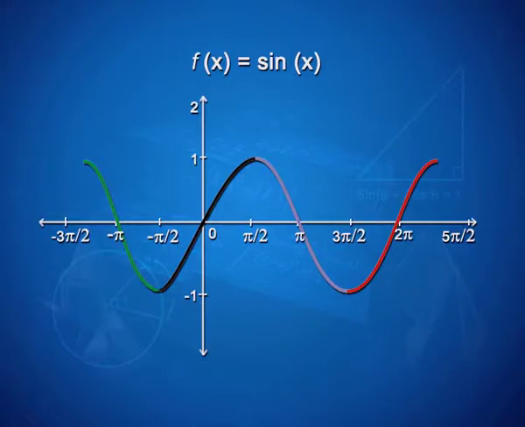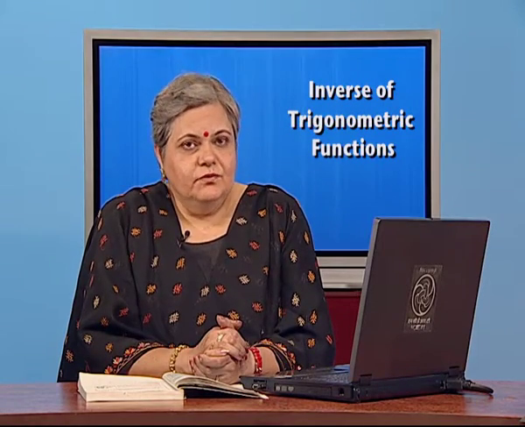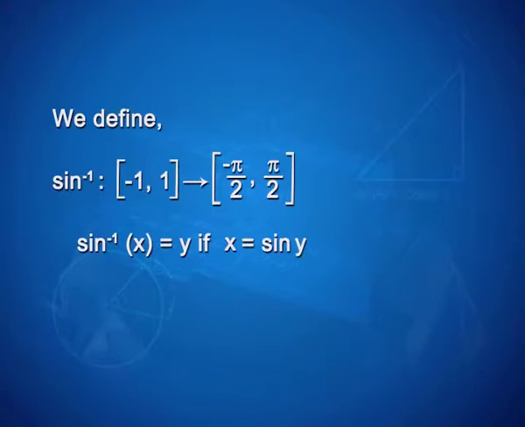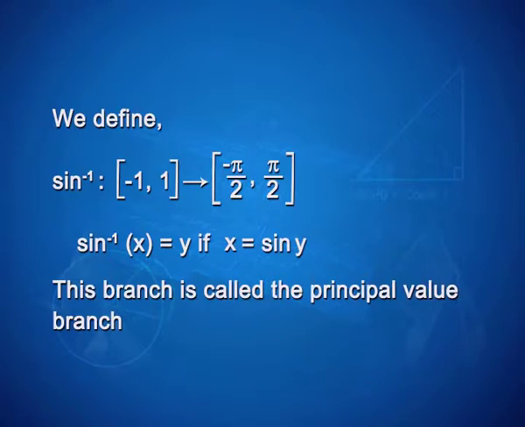1-1 and onto function. And so, we are able to define sine inverse as a function from the closed interval minus 1 to 1, the range of the sine function, which now becomes the domain of sine inverse, mapped onto the closed interval minus pi by 2 to pi by 2, defined as sine inverse of x equal to y if x equal to sine y, and that is known as the principal value branch.